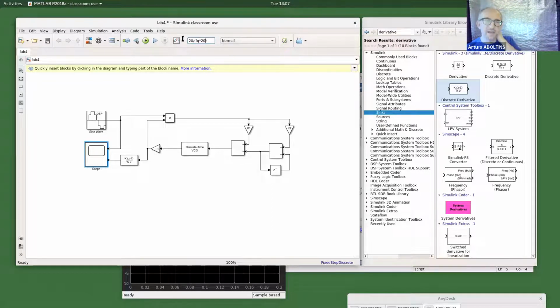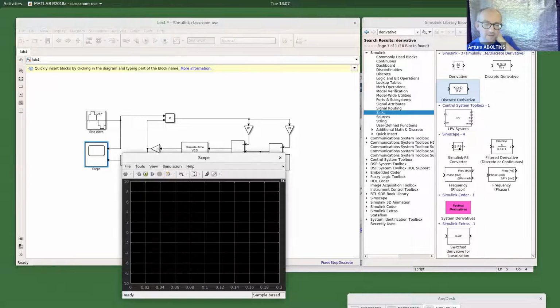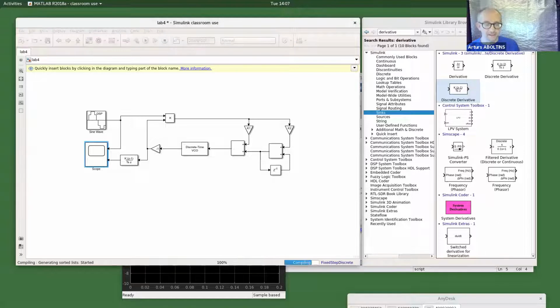Because if those times are not synchronized, it could happen that your simulation goes past the visible time in the scope, then it opens a new page, and you will not see the beginning of your process, and that's not convenient. So here we need only 0.2 seconds to see what goes on. Not 10 seconds as it was at the beginning.